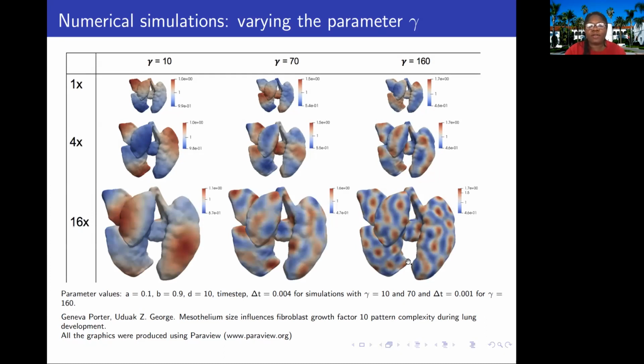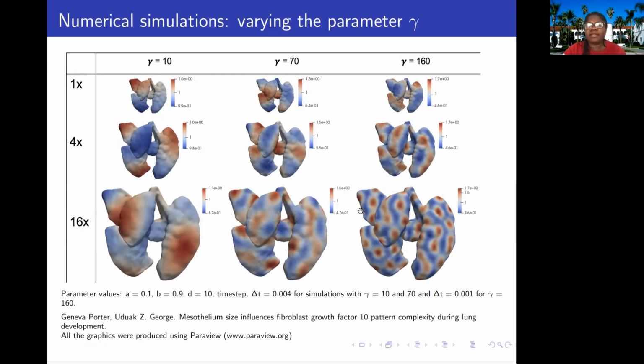And this corresponds to what we found earlier, when I showed you the images: initially at the early embryonic stage, the patterns are not well spread out, but as it grows out, the complexity of the patterns begins to change.